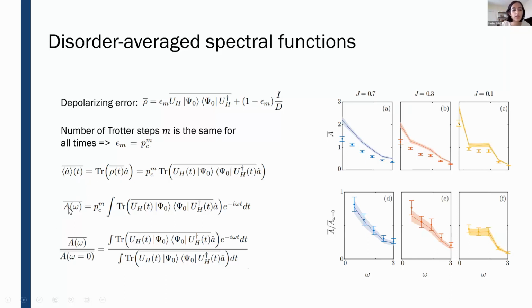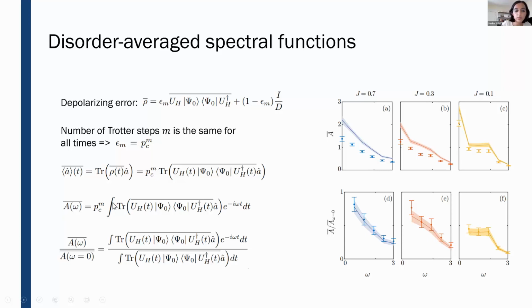If you go through and calculate it, when you're calculating this value A, the average value of A, which is the spectral function, you get p to the power of m, where p is the probability of getting the correct answer in one Trotter step, times the correct answer.